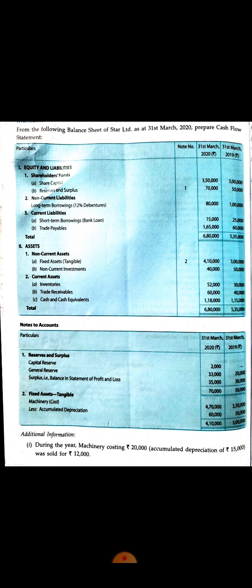Additional information: during the year, machinery costing rupees 20,000, accumulated depreciation rupees 15,000 was sold for rupees 12,000. During the year, non-current investments were sold at a profit of 20%, which is transferred to capital reserve. Debentures were redeemed at par on 1st April 2019.